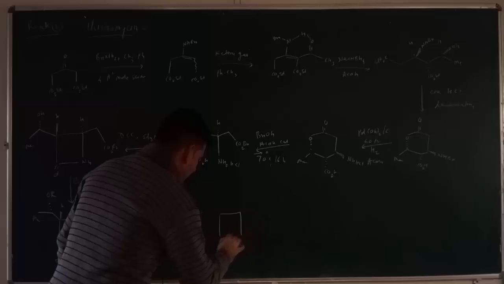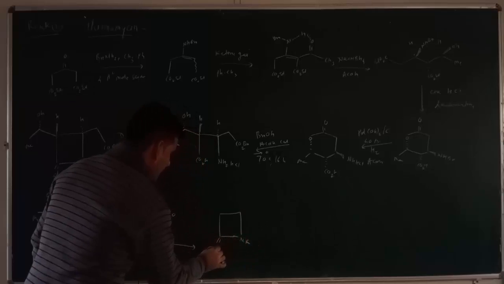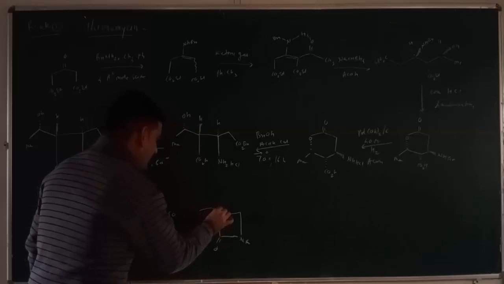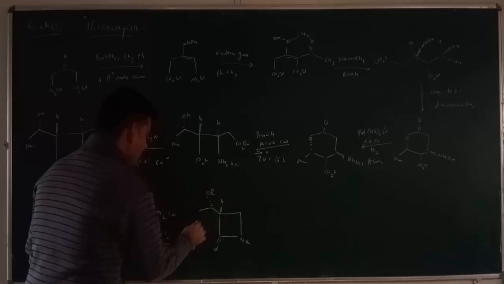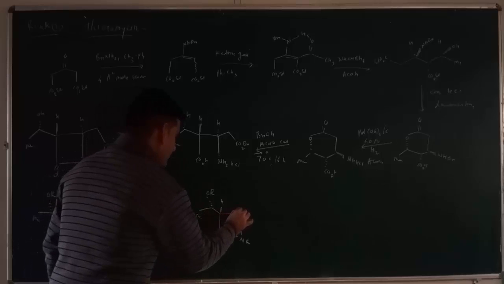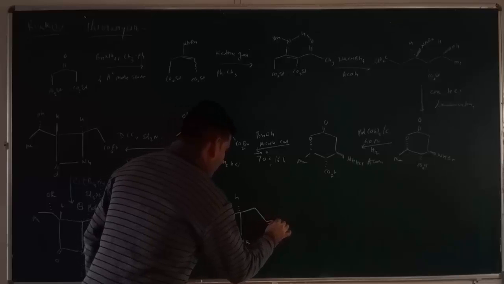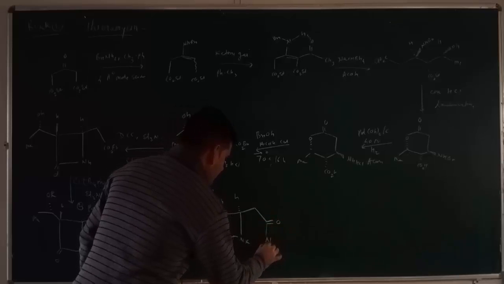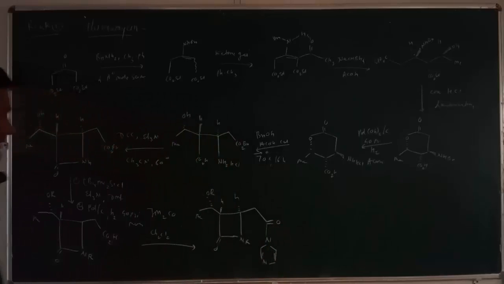So this is NR, here is the carbonyl group, then here is the hydrogen above the plane. So this is OR group, this is methyl group, this is the hydrogen, and then CH2, then C double bond O, and here it introduces this imidazolyl group at this position, right?